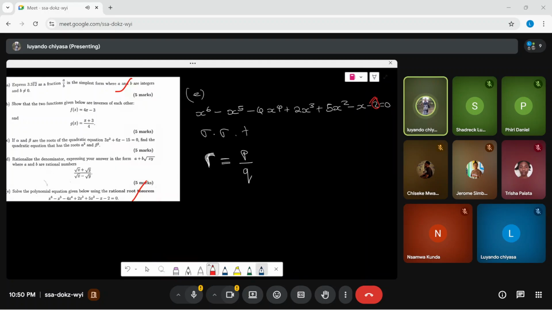It is the coefficient without any x. That is P. And Q is the coefficient on the x with the highest degree, and the x with the highest degree is x to the power 6.